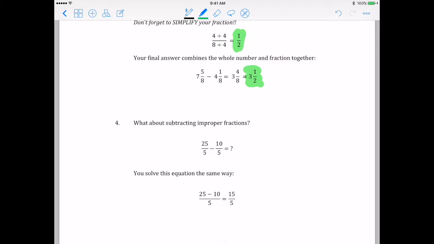Yes. Second, is my first numerator greater than my second numerator? 25 is greater than 10, so I can solve this subtraction problem. 25 minus 10 equals 15. So we have 15 fifths.